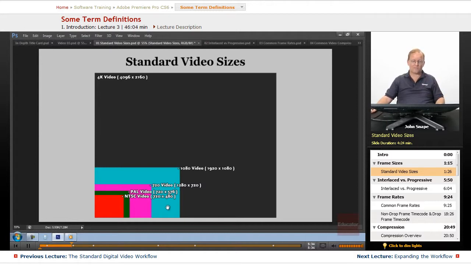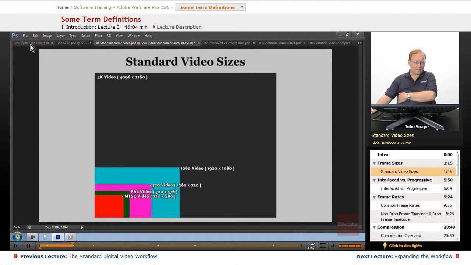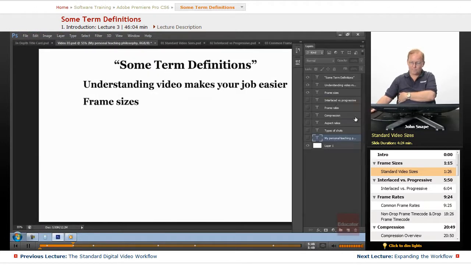So the 720 video is going to use a lot less storage space than the 4K video, which is going to use a whole lot of storage space inside of your computer. So that was the video sizes, and the frame sizes.